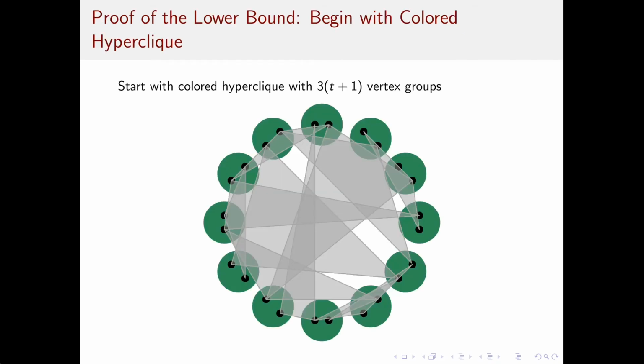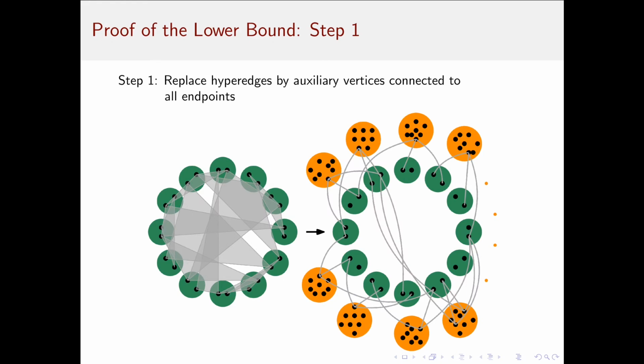Okay, so let's actually do the proof. We're going to start with a 3-uniform, 3t+1 hyperclique problem, colored, and the reduction is actually surprisingly simple. We'll be doing it in 2 steps. In the first step, we're going to be replacing hyperedges by these auxiliary vertices.